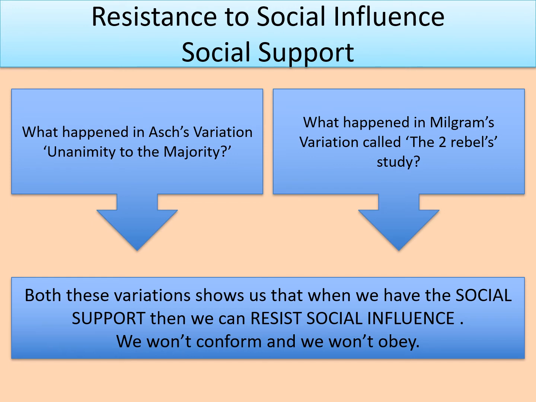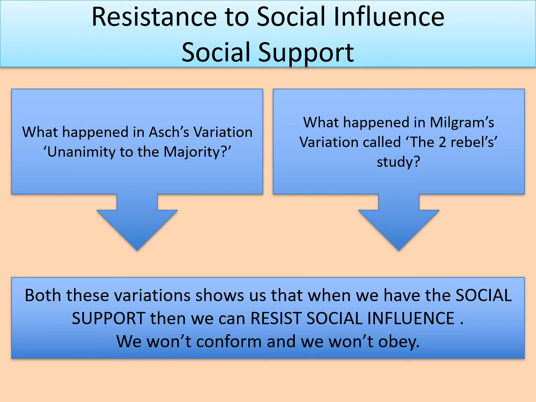In the Milgram variation called the two rebels study, it was the same kind of idea: the real participant had two people either side of them who resisted the pressure to obey the experimenter. When the real participant had the presence of allies, the two rebels who went against the experimenter, we saw obedience plummet all the way to 10%, the lowest percentage of all the variations.